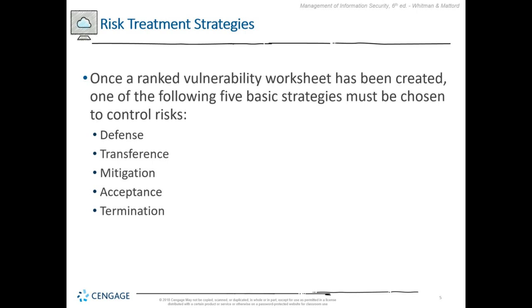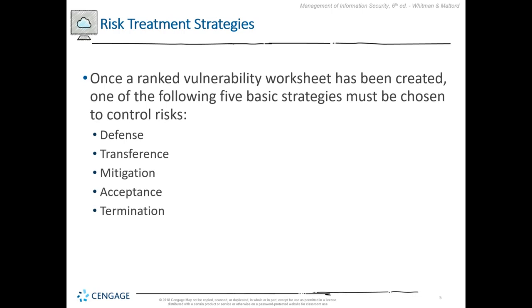The risk treatment strategy of acceptance is understanding the consequences and acknowledging the risk by the proper level of authority without any attempt to control that risk, that vulnerability. Termination is a risk treatment strategy that eliminates all the risk associated with the information asset because it removes that asset from service.